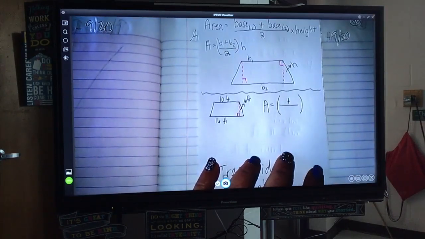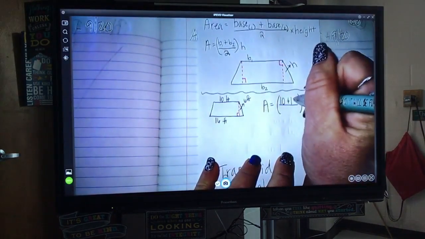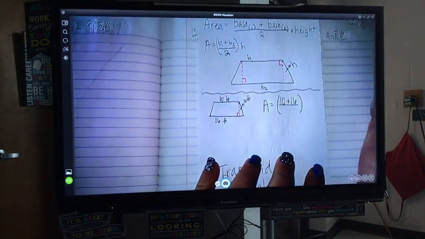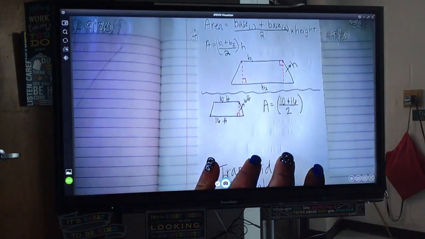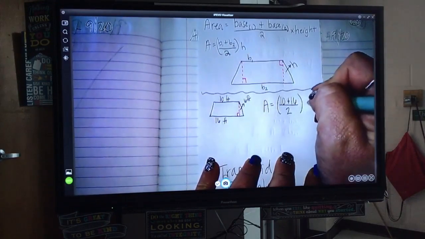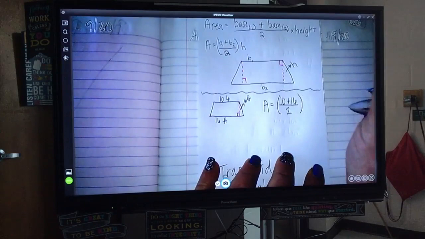Okay, so it would be 10 plus 16, because those are your bases. And then over 2, so divided by 2, which would be 13. We're just building the formula for the moment. Oh, okay. And then times 6.